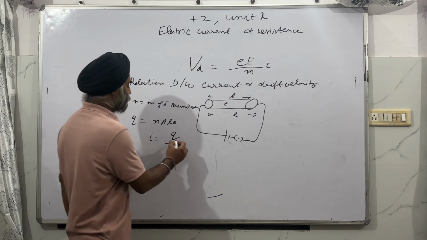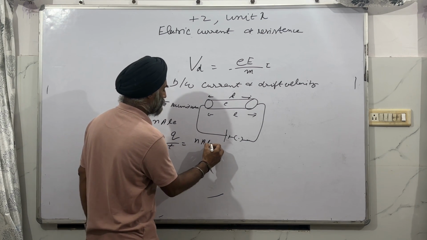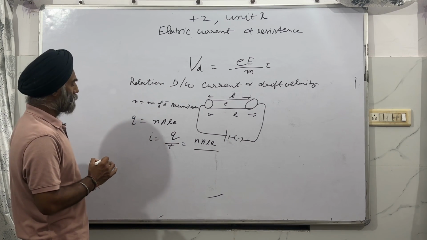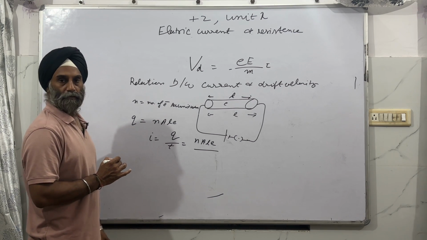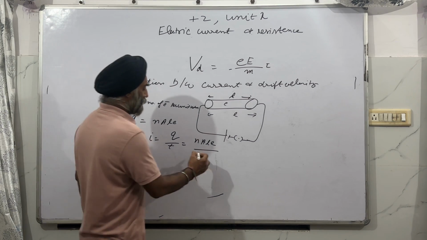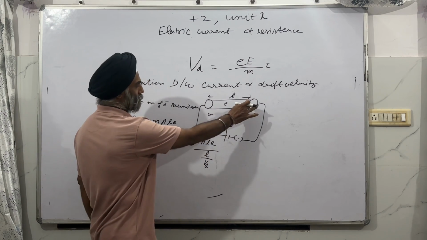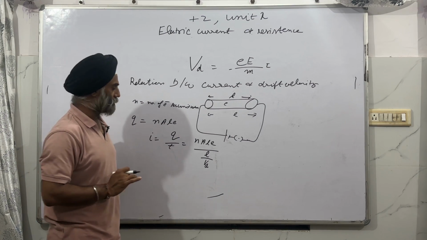Q की value put कर देते हैं, Q is equal to nALe. t की value आ जाएगी, velocity is distance upon time, t is equal to L by Vd. L is the distance covered by the electrons, that is the length of the conductor. Vd is the drift velocity.